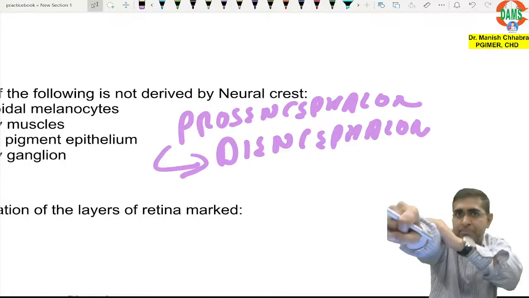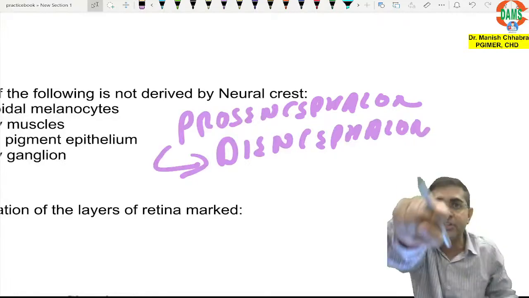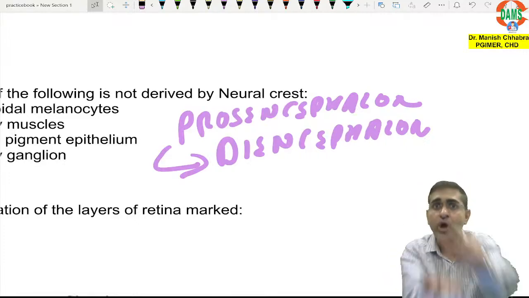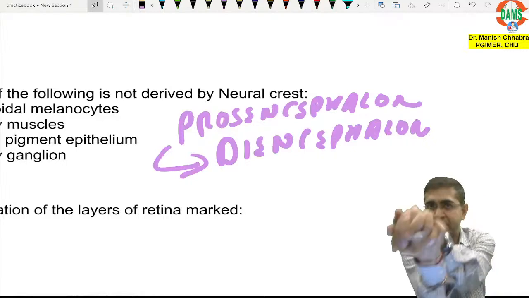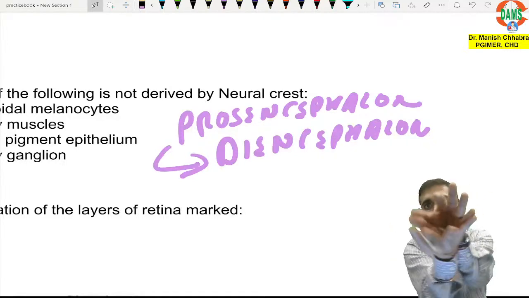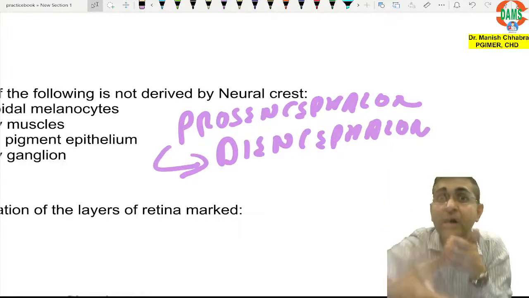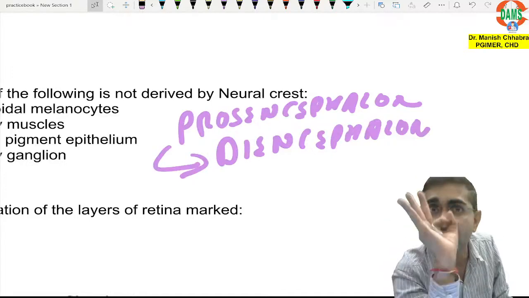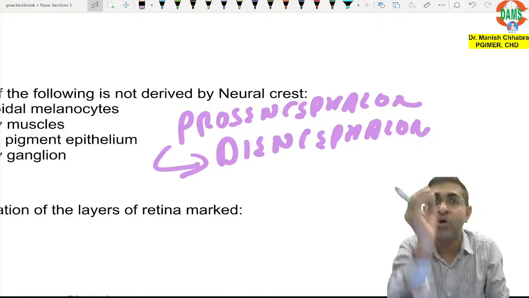The distal part of the optic stalk gets converted into a round structure, which you call the optic vesicle. This optic vesicle gets converted into a cup, which you call the optic cup. And there is anterior surface ectoderm, which invaginates and forms a circular structure inside the optic cup that later takes the shape of your lens.